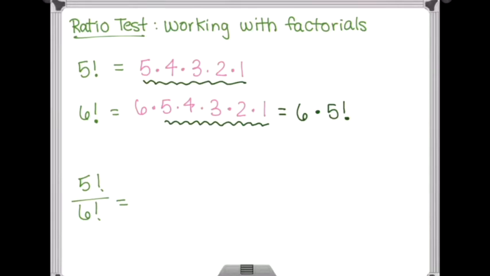In place of 6 factorial, I can substitute 6 times 5 factorial. Then we can cancel out those 5 factorials, and 5 factorial divided by 6 factorial is 1/6. Cool. Super fun.